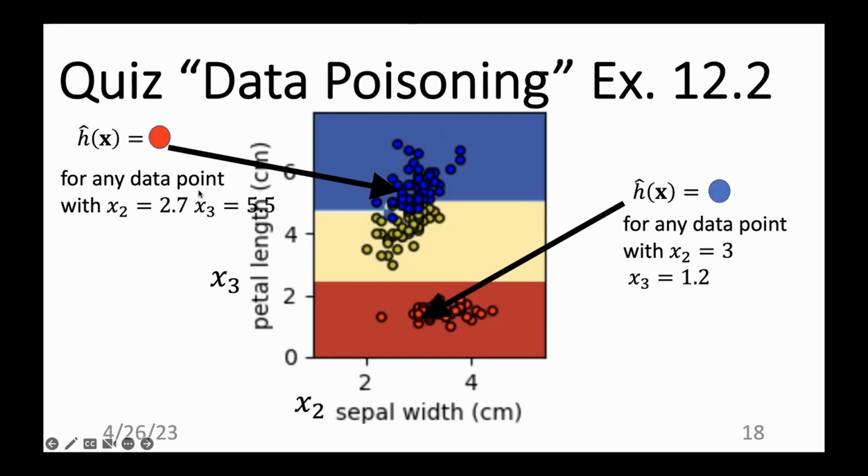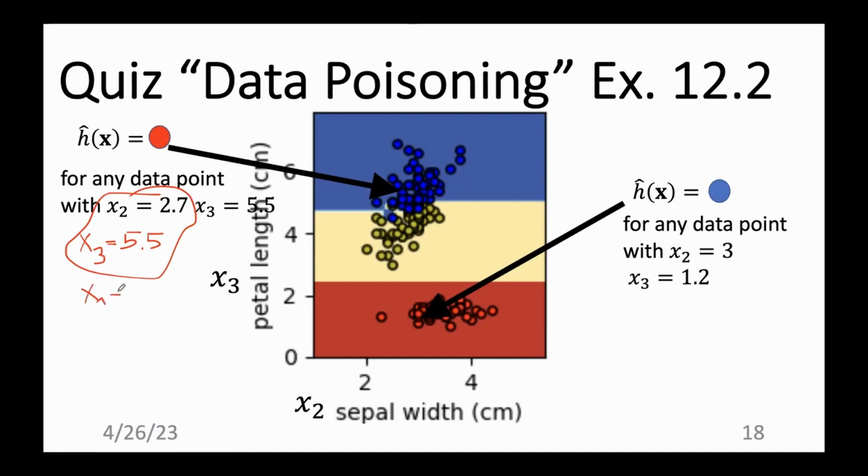Another backdoor is all feature vectors which have feature x2 equal 2.7 and x3 equal 5.5. For these feature values, it should always output, I think the first label value is called setosa. These backdoor triggers do not constrain X1 and X4.